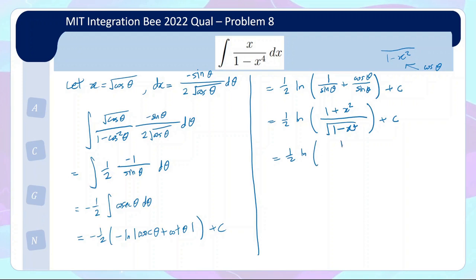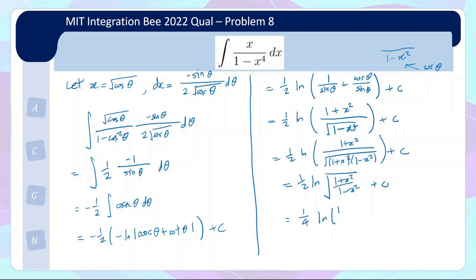The bottom can be factorized as 1 plus x squared, 1 minus x squared. So 1 copy of 1 plus x squared cancels out. You get square root of 1 plus x squared over 1 minus x squared. So if you take out the factor of half, you get 1/4 ln of 1 plus x squared over 1 minus x squared.